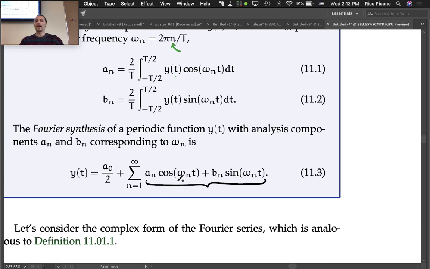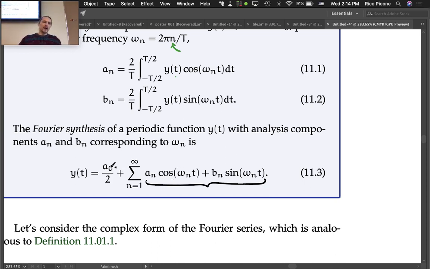So we have a sinusoid at each frequency and an amplitude for each sinusoid, okay? And that's what we do with the synthesis. We take those components that we found from the analysis, and we can reconstruct the signal with them.